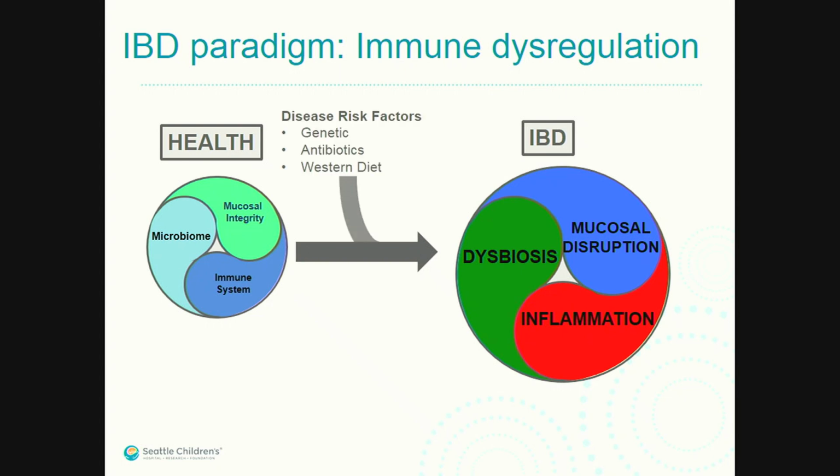And there are a number of risk factors that we know occur in IBD. We know that genes are very important in IBD, but this is not a genetic disorder such as cystic fibrosis or Alagille's, which is a single gene that causes a disorder.